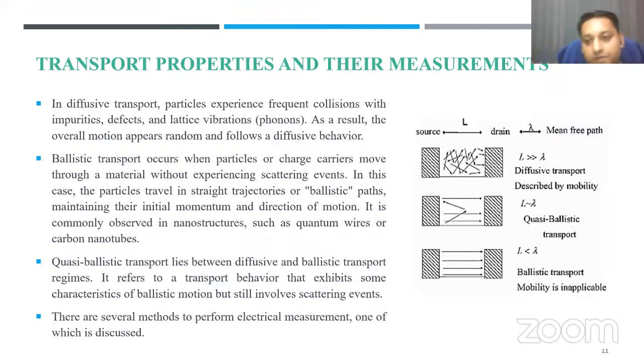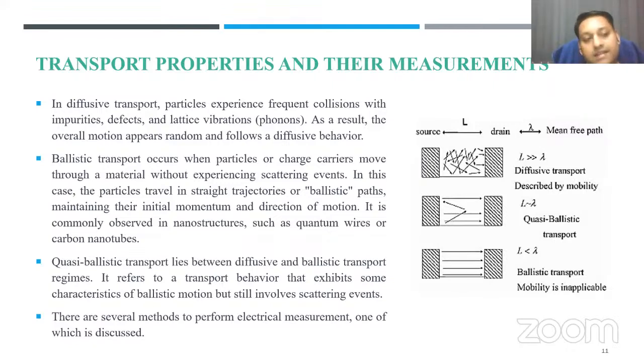So what is diffusive transport? In the case of diffusive transport, what we consider is that the dimension of the material is far larger than the mean free path. Now mean free path is a term that in a basic physics class I think you have got the idea of: it basically relates to the path traveled by an electron when it moves from one collision to the next collision.